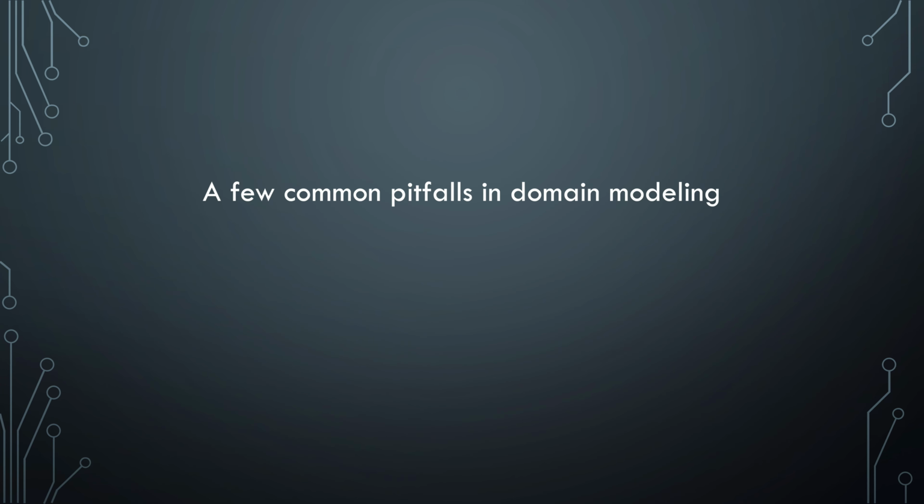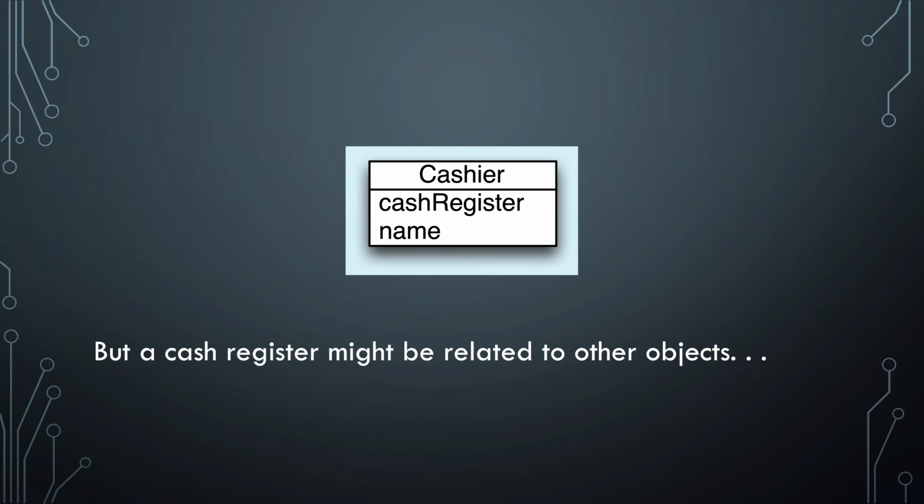As the last part of this video, let's look at a few common pitfalls you may encounter when you create a domain model. The first one is making attributes too complex and object specific. Here, the cashier has a cash register, but the register may very well be used by other objects.